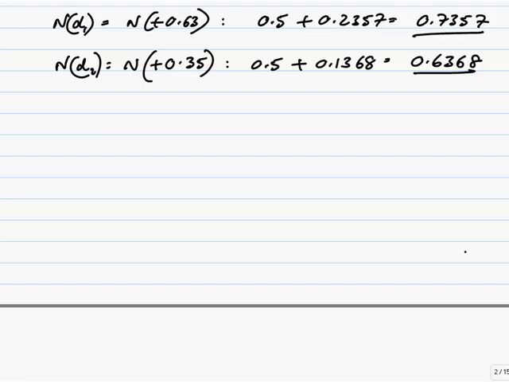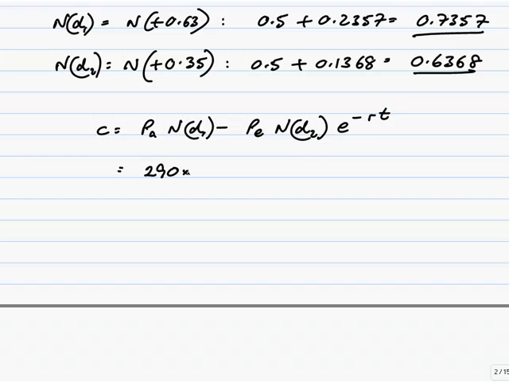Nearly there. Now let's go to the main formula. The main formula, let me write it down again, then there's no confusion. C is PA N(d1) minus PE N(d2) times e to the minus RT, which is what? PA, check back, but the current share price was 290. I'm working in cents, remember, times N(d1) 0.7357.